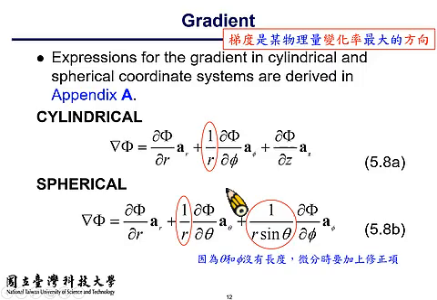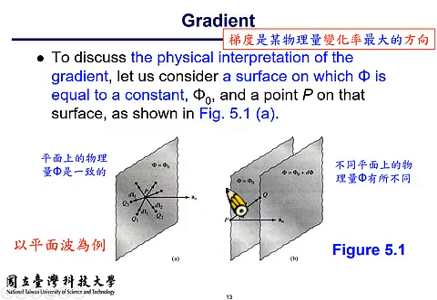If you are asked to perform a gradient operation in cylindrical and spherical coordinate systems, I will provide the equations on the cheat sheet of the exam, so you don't need to memorize them, but you need to know about it. And when you do the homework, remember to get familiar with them, okay?